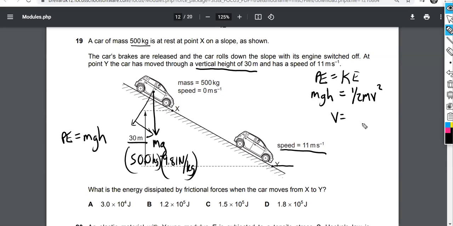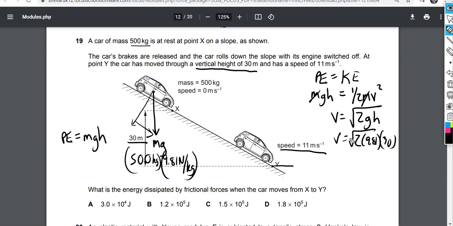And we could solve for what that velocity would be. In fact, it doesn't even matter that this thing is 500 kilograms. We could solve for the velocity as just root 2gh. So double both sides, take the square root of both sides, and the velocity should just be the square root of 2 times 9.81 times 30.